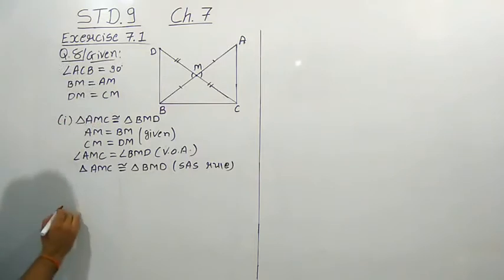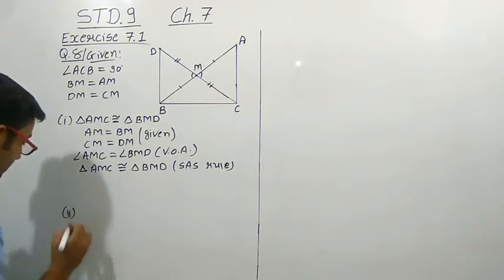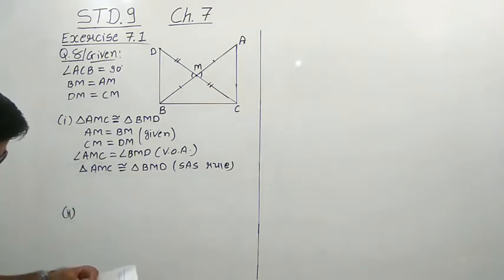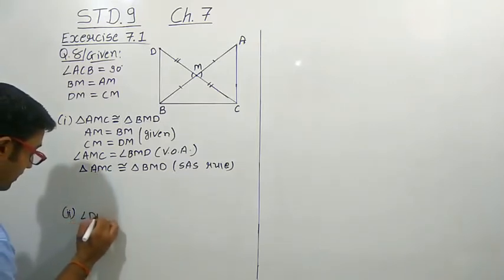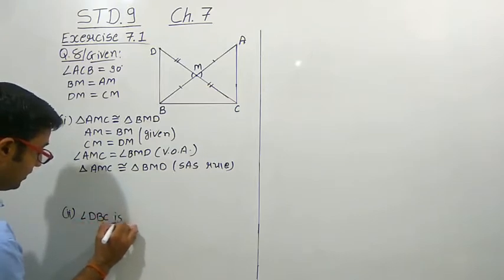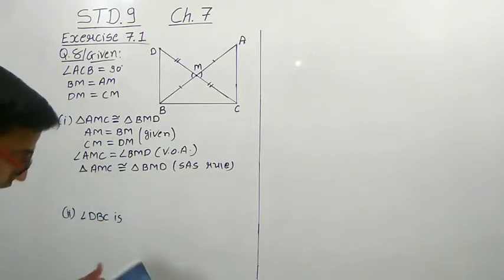Now the second thing we have to prove is that angle DBC is a right angle.